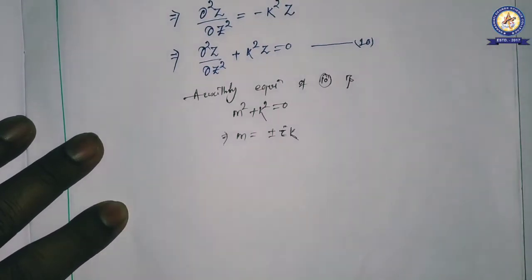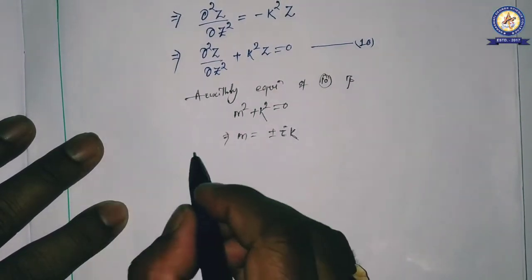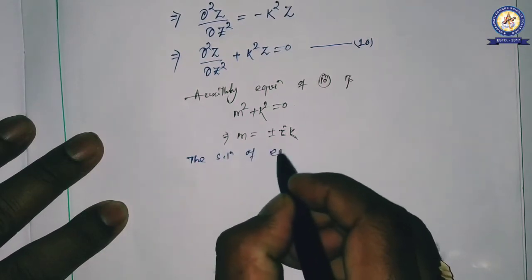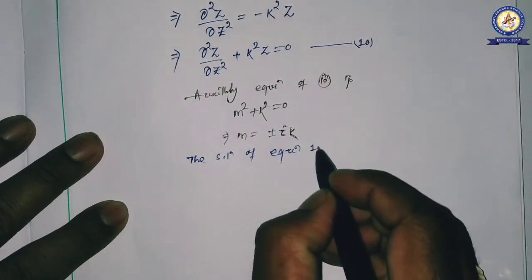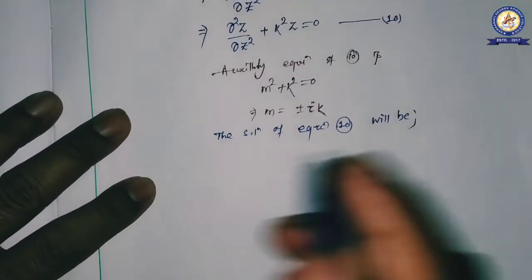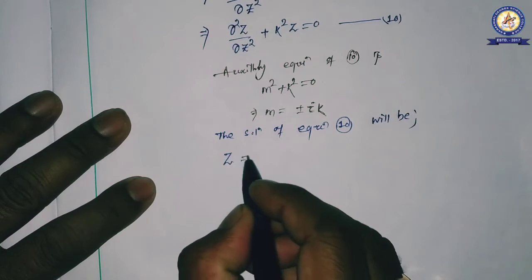So hence the solution of equation 10 will be capital Z equal to some constant.